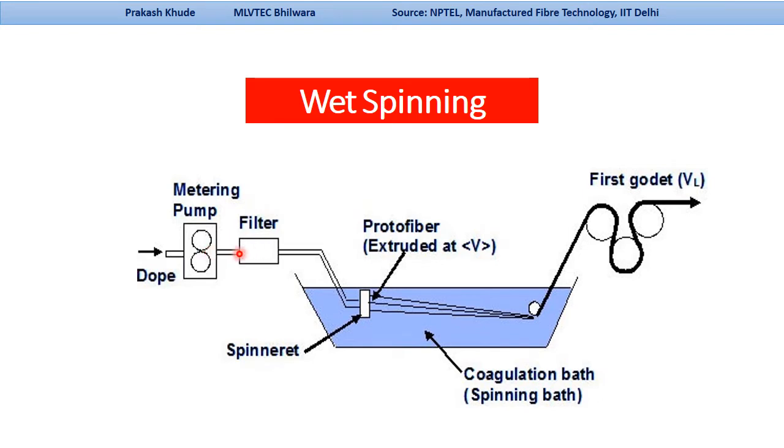Then a metering pump forces the polymer solution through the filter unit, and from the filter unit to the spinneret. In the coagulation bath, or chemical bath, the polymer is extruded, and during this process the solvent that was used for dissolution of the polymer is removed, and then it is taken for further operation.